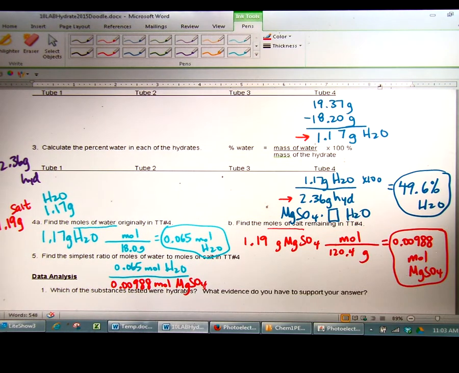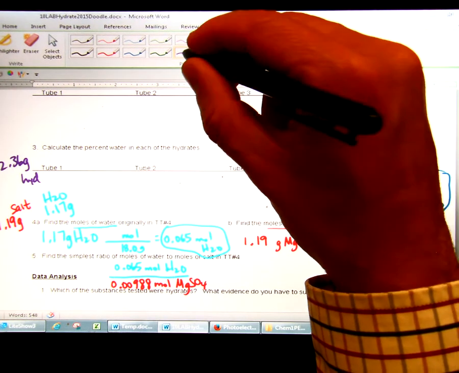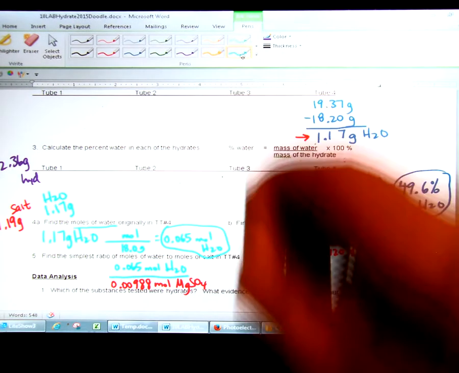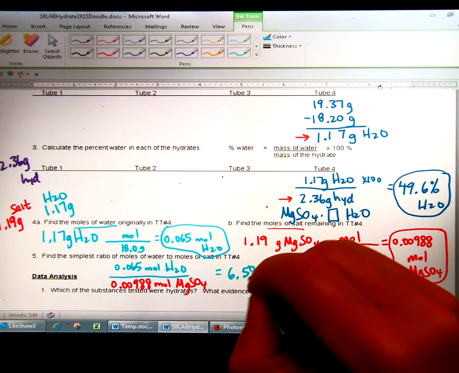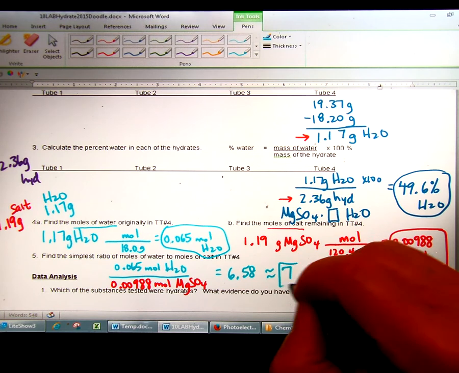And now I'm just going to divide those two. 0.065 divided by 0.00988. That gives me a 6.6 ratio, 6.58. All right. So 6.58, I'm going to round that to the nearest whole number, so that's going to be a 7.